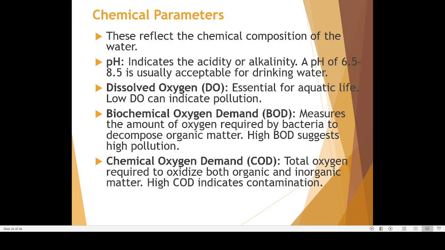All the oxygen present in the water is taken by these particles for oxidation, so the chemical oxygen demand of the water increases. So high BOD or high COD, whatever the case, always indicates some kind of pollution, maybe organic or inorganic. This is an idea of the different chemical parameters: pH, dissolved oxygen, BOD as well as COD.